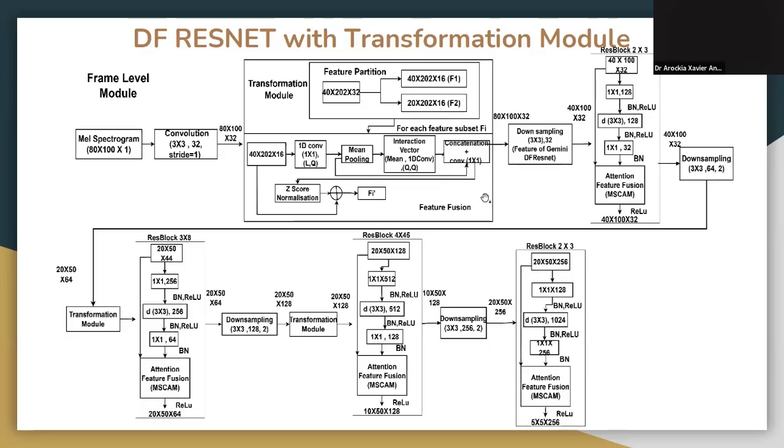We either do a mean pooling, or we try to interact to have a one-dimensional mean convolution, and then we have this downsampling. That is the need of the ResNet, and then the ResNet block, then downsampling again, then the transformation model, the same transformation model, then the ResNet block and downsampling and transformation, and finally we have this, which is now ended with the CNN and ReLU part.